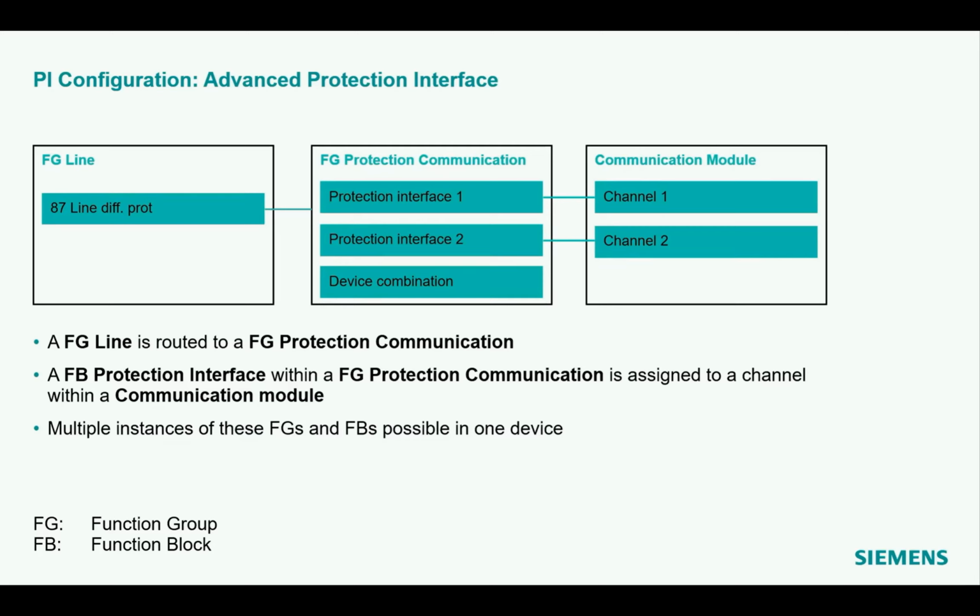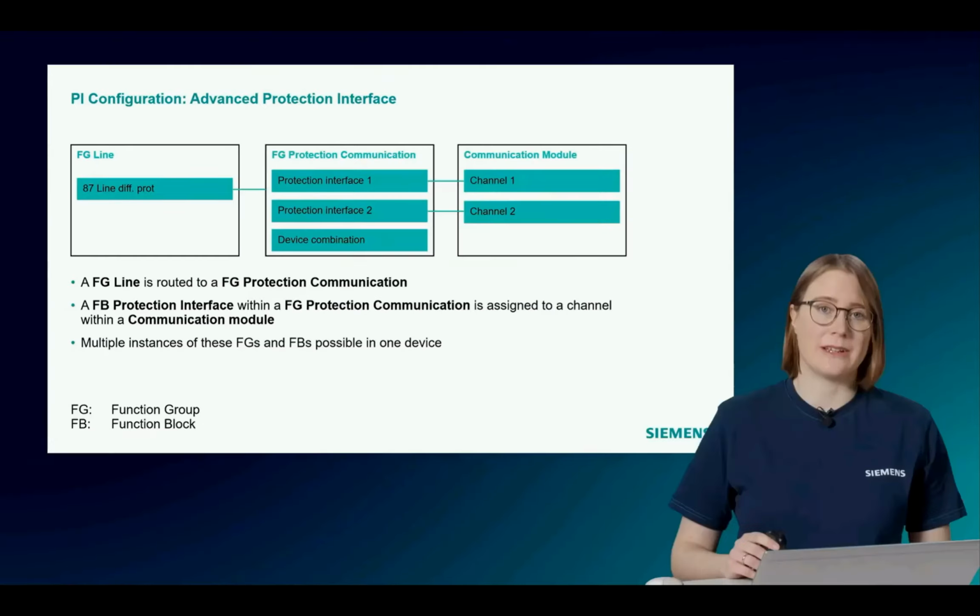We have a function group protection communication with two functions protection interface. Each protection interface stands for one of the two redundant communication channels. The protection interfaces are assigned to the channel of the communication module in the device. If you want to learn more about protection communication, you can watch our dedicated tutorial session about it.